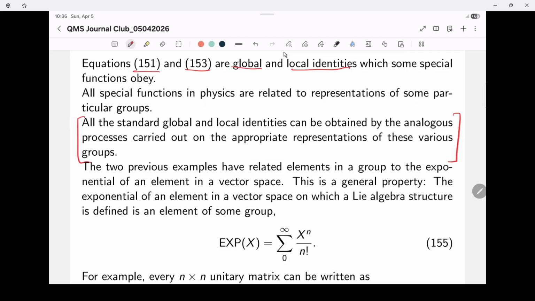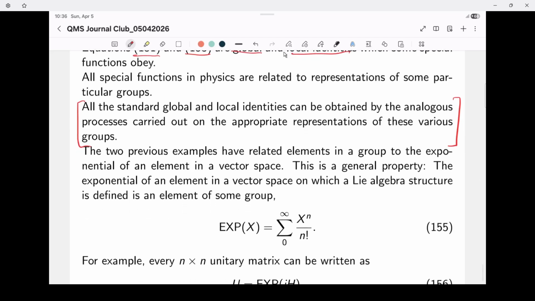The last thing I want to stress is that this is actually not a special case. This is a very general case, because your Lie algebra structure is always defining your group. So your X in this case will be your Lie algebra, which tells you the local properties.